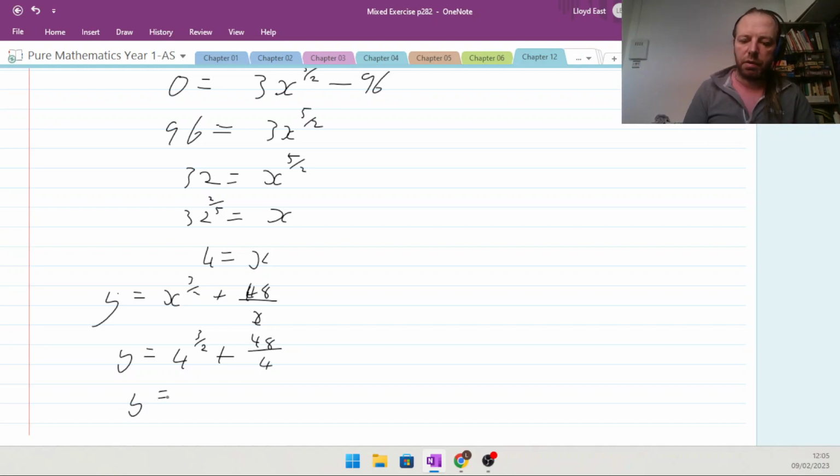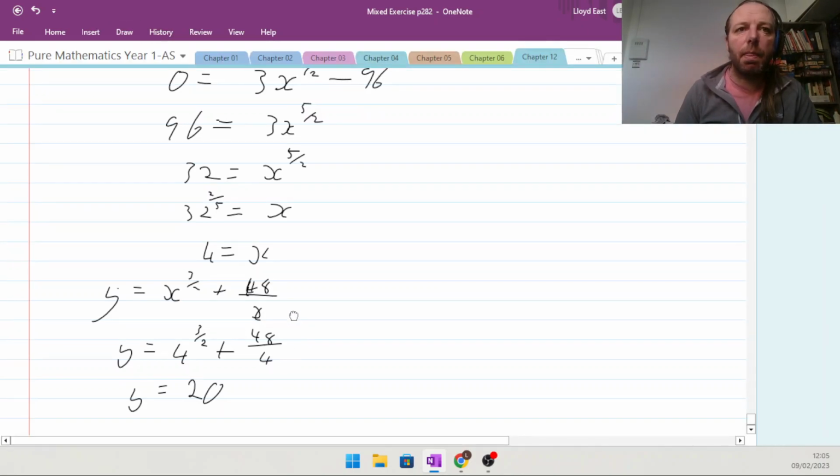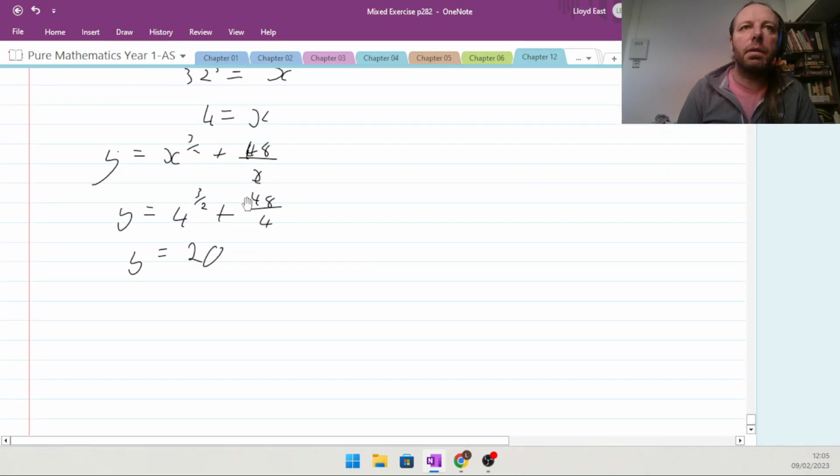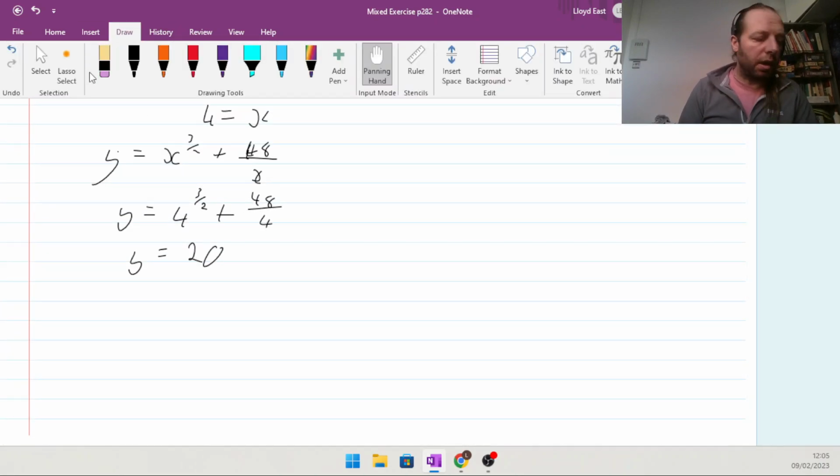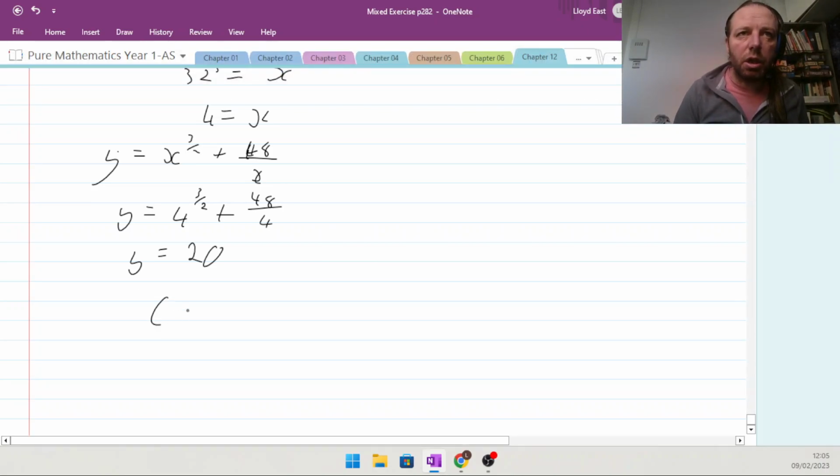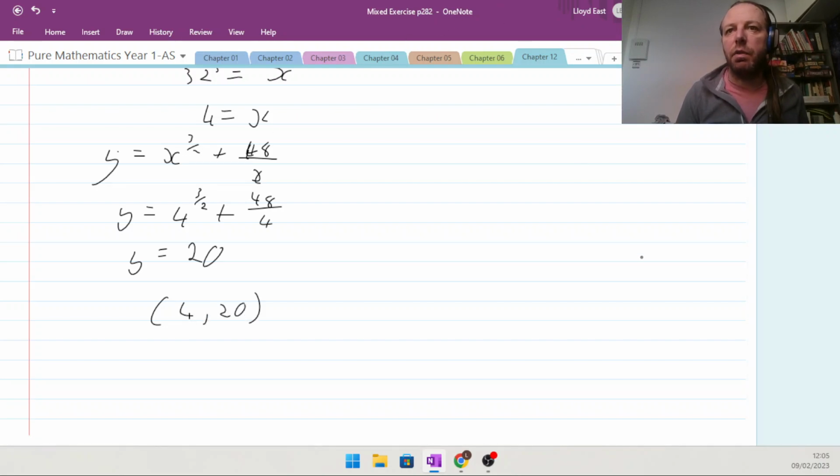Straight into a calculator on that. 4 to the power of 3 over 2 is 8, plus 12 is 20. And so the coordinates of where dy by dx is equal to 0 is going to be 4, 20. Okay, taking the two values there.